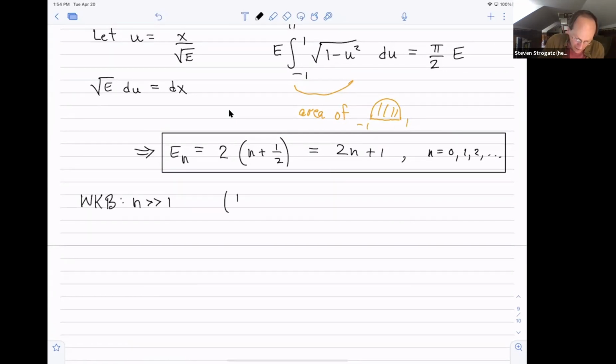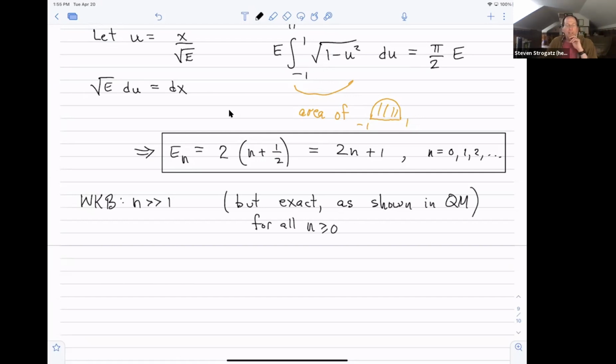But actually, it turns out this is exact. I mean, it's actually exact for all n, as shown in quantum mechanics courses. So I'm not going to go through that analysis, but it's a kind of a convenient coincidence that the WKB is not just giving us a good approximation, but in this case, it's actually giving us the exact result.